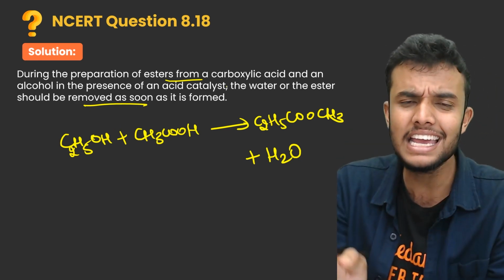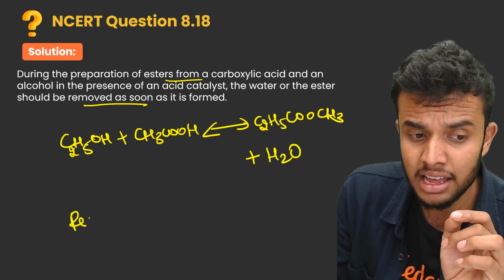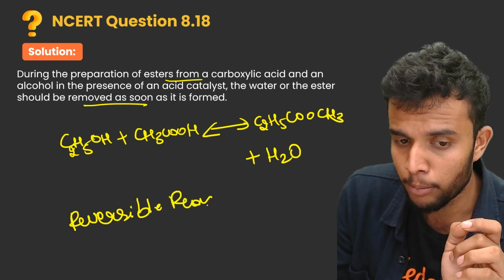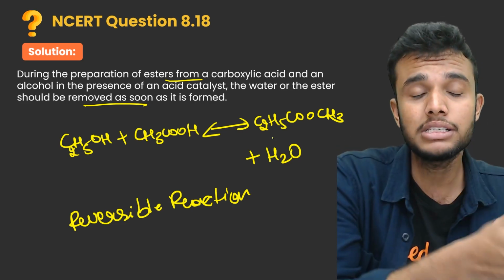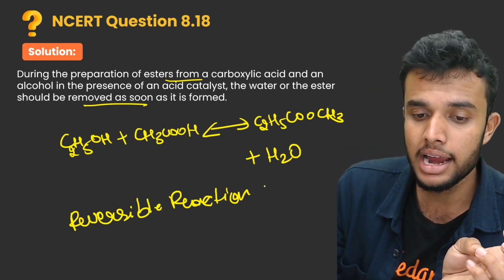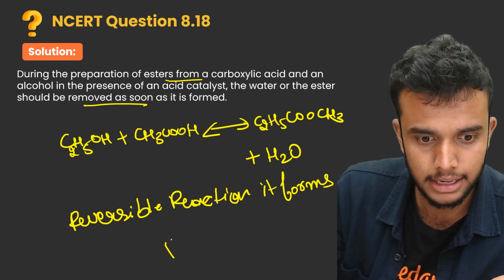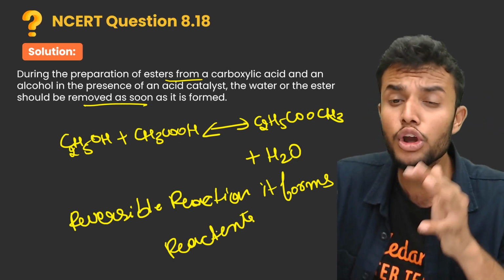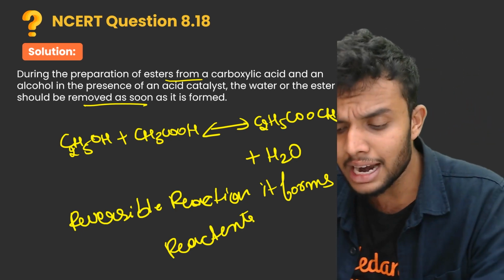Because this is a reversible reaction. If we don't remove water or ester, it reacts reversibly. What does it form? It forms the reactants. It's a reversible reaction. That's why we need to remove the ester or water. Okay, students, understood?